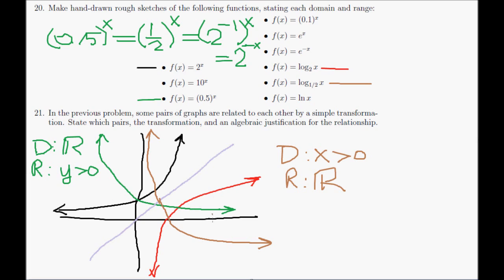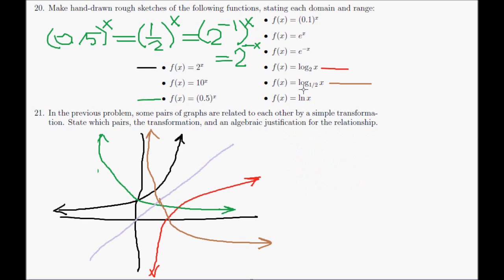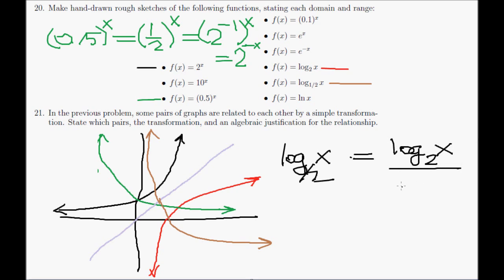Notice that the curve in red is also the flip of the curve in brown across the x-axis. The reason that happens, let me clear this out. So the reason that happens is because the logarithm of x base 1/2 is equal to the logarithm of x base 2 divided by the logarithm of 1/2 base 2.